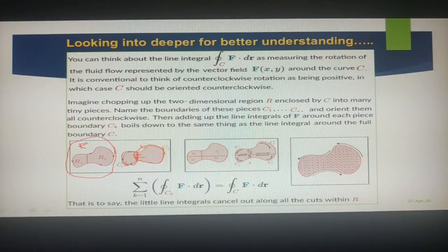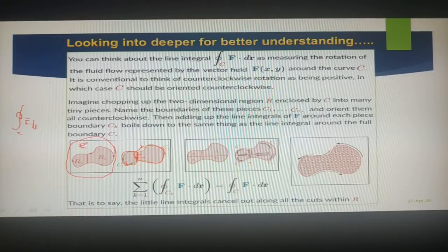So this is equivalent to what I am trying to tell you: the integral over C of F bar dot dr, I can split that region into two parts, and if I find the integrals along those curves, the results will also equal the integral over C of F bar dot dr. Now I made the same region into 4 parts, R1, R2, R3, R4, with curve names C1, C2, C3, C4.